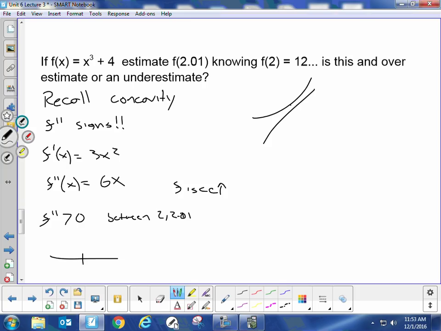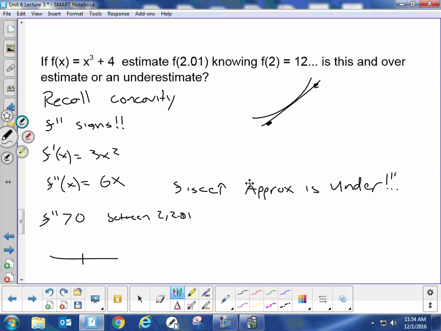Under. Definitely under. You draw your line tangent to your concave up graph, and your points on your line are under, beneath the actual y values of your function. So I just know my approximation is under. I'm just going to call that right now without even finding the approximation.